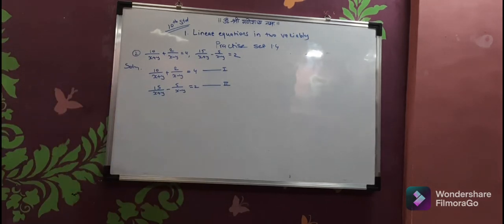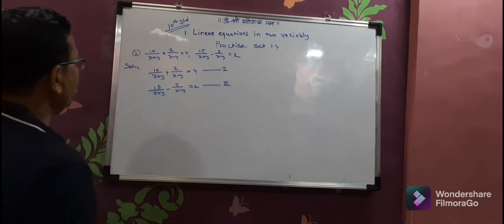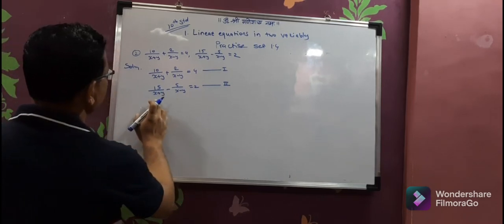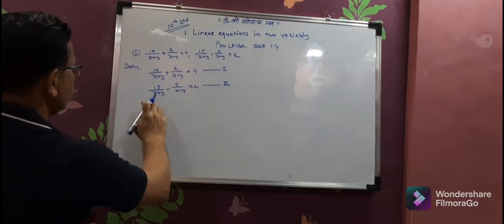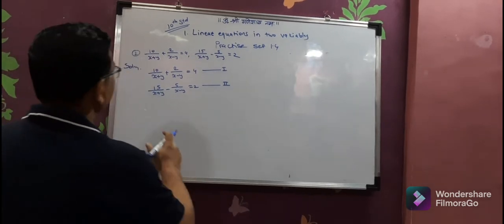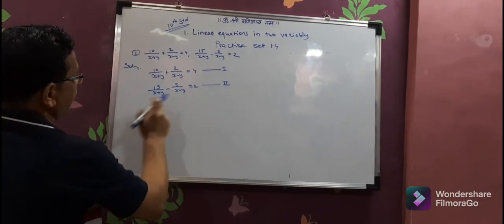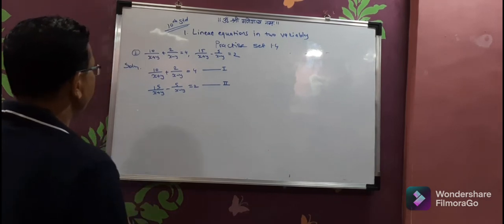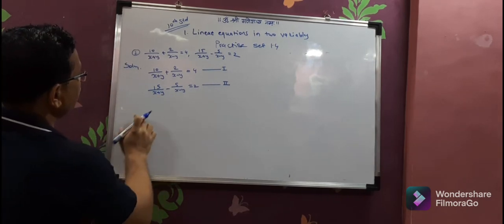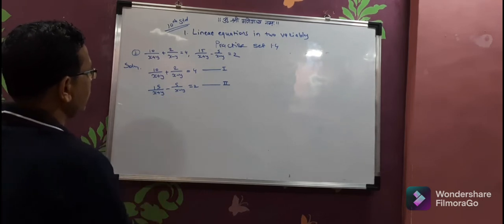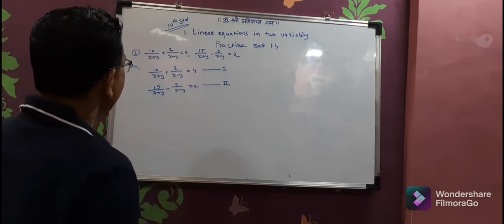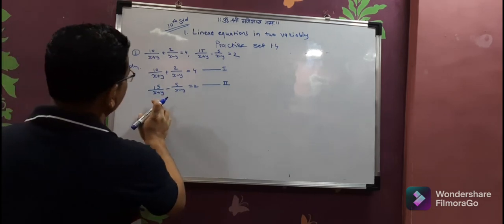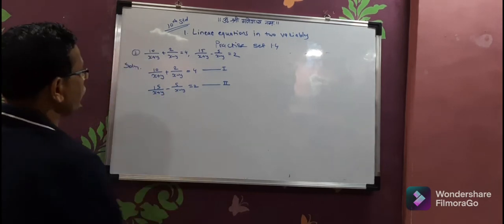Now, there are two variables x and y, and in each equation x and y are represented in different forms. Here it is x plus y, and here it is x minus y. Earlier we have seen individual x and y, but here they are represented in different forms.